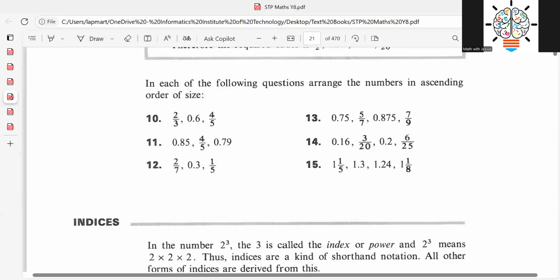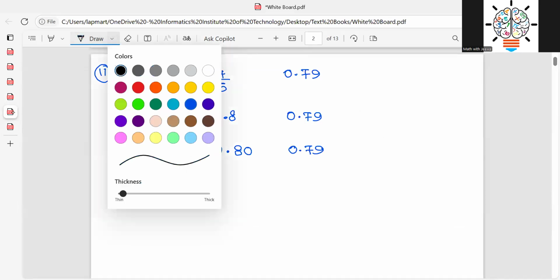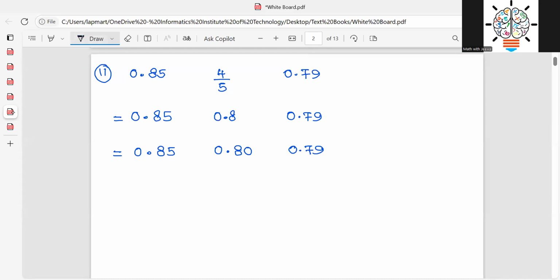What's the question instruction? You want to write in the ascending order. Now you want to rank them, right? If it is the ascending order, when you are ranking, you take number 1 as the smallest one, right? So here the smallest one, then this is the next one and this is the third one. So what I'm going to do, children, is write here that I'm doing this in the ascending order.